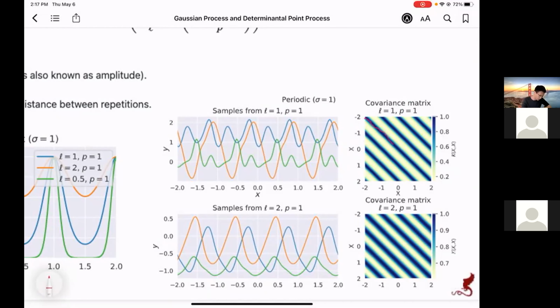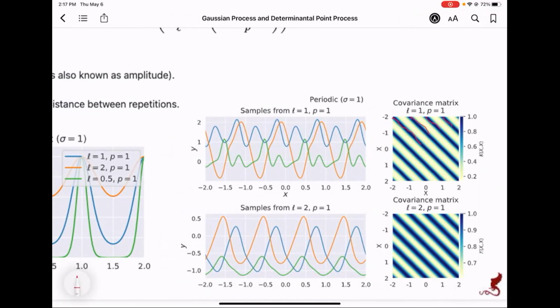Not just the diagonal, but all of these off-diagonal terms can still have very high covariance between them, right? Corresponding to this covariance matrix, we draw samples out of it, and we can see the samples look like sine curves, or at least follow this periodical distribution.